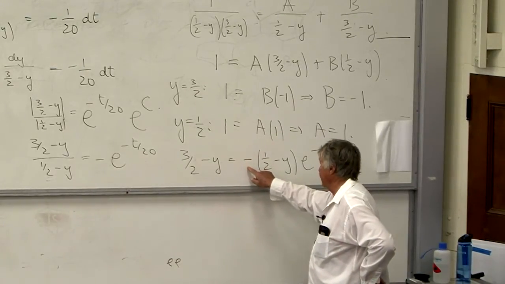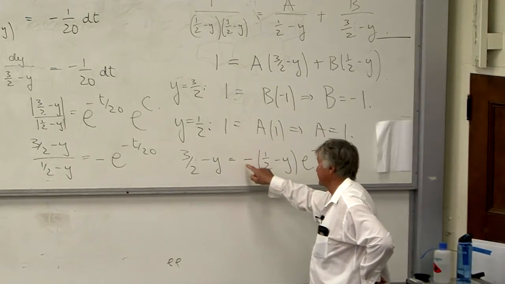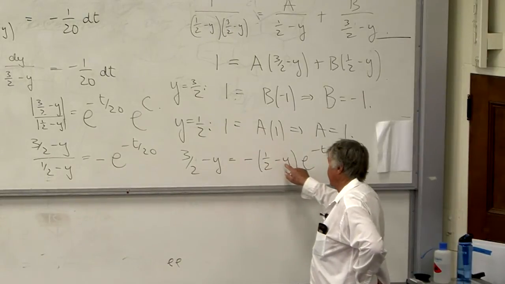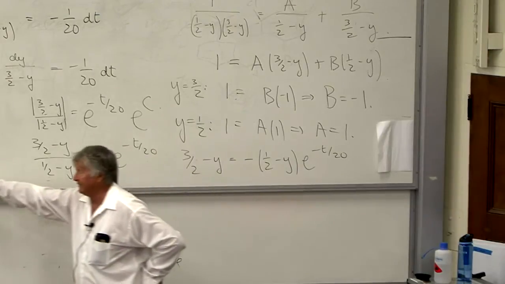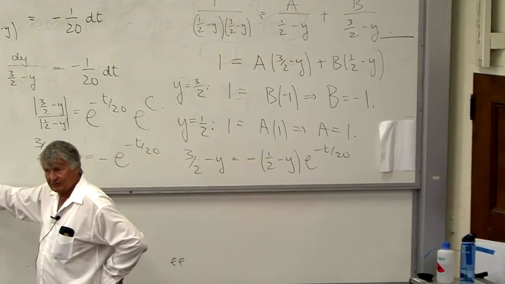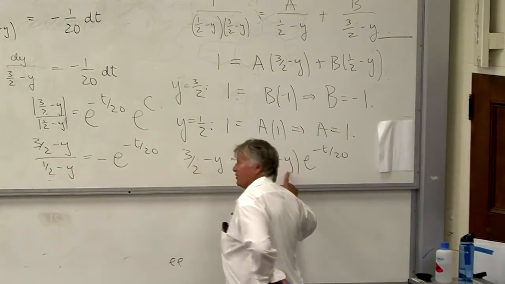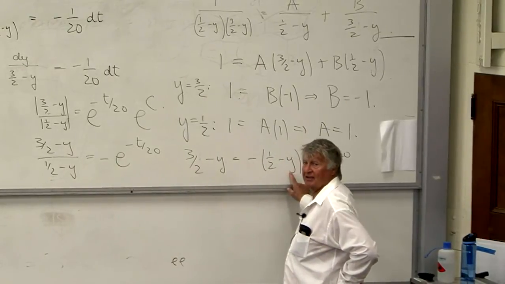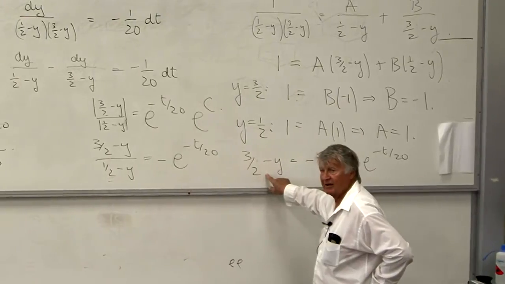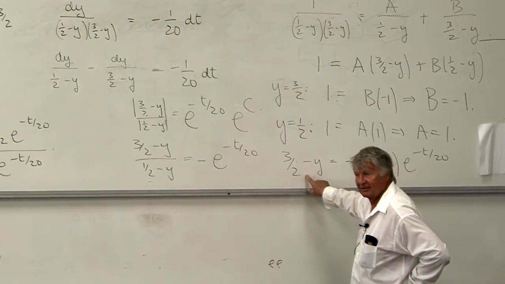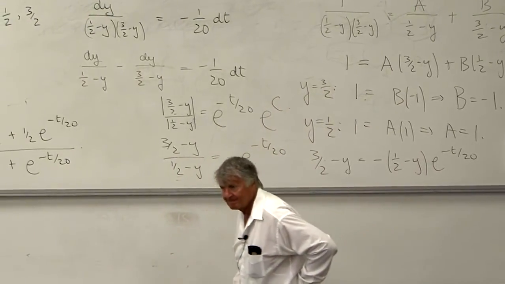Minus minus is a plus, so it'll be y plus y times this, which is y times that. So I have y times 1 plus e to the minus t over 20 on this side. I have 3/2 plus 1/2 e to the minus t over 20 on that side. And I solve for y.